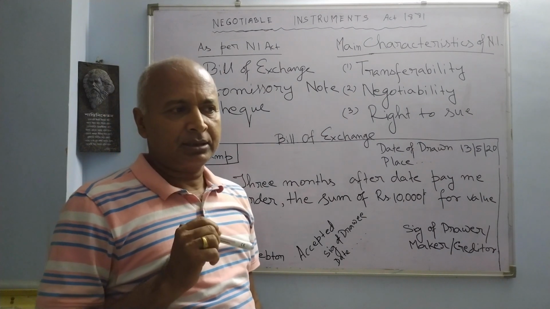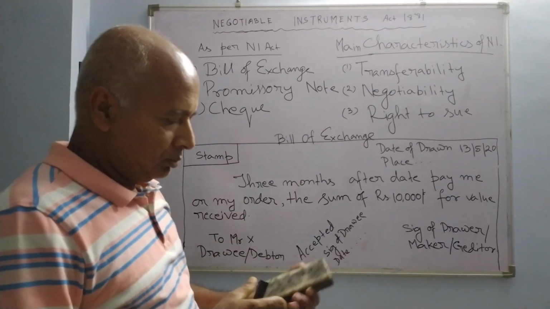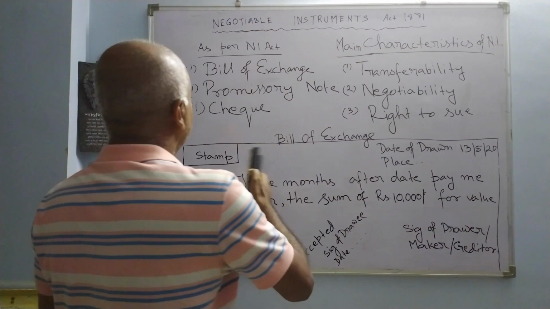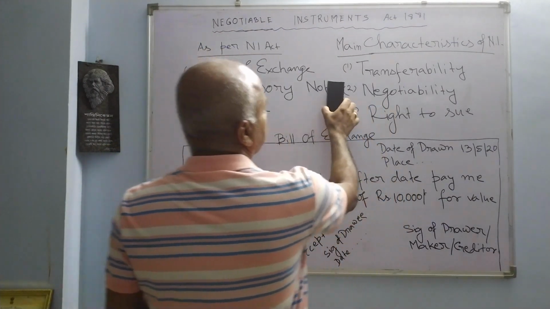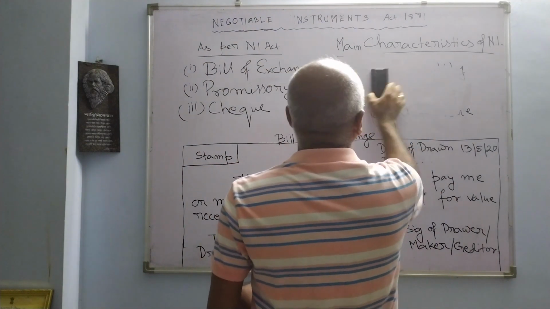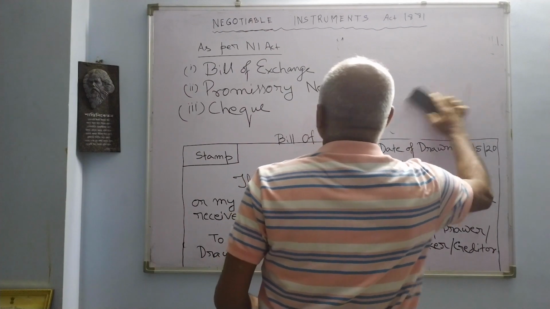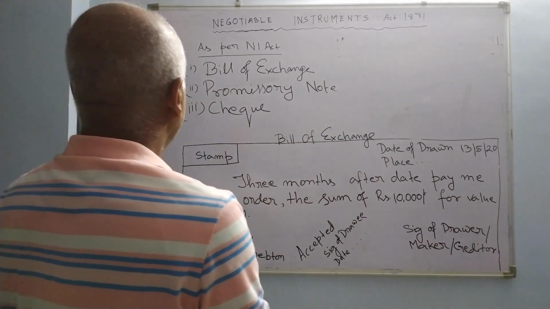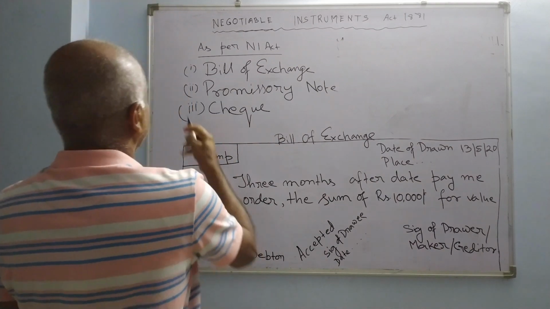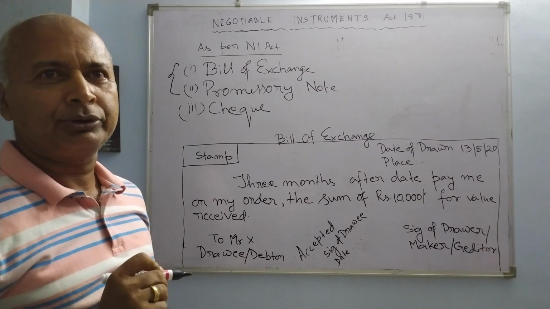So let us start today's topic. Let me erase the previous class this way. Today's topic will be the first two parts, the bill of exchange and the promissory note.